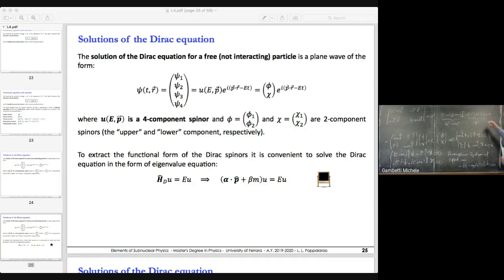So overall, what we obtain here is the standard relativistic equation E squared is equal to p squared c squared plus m squared c to the fourth, which is, of course, always satisfied. Okay? This means that our system of equations always provides non-trivial solutions.